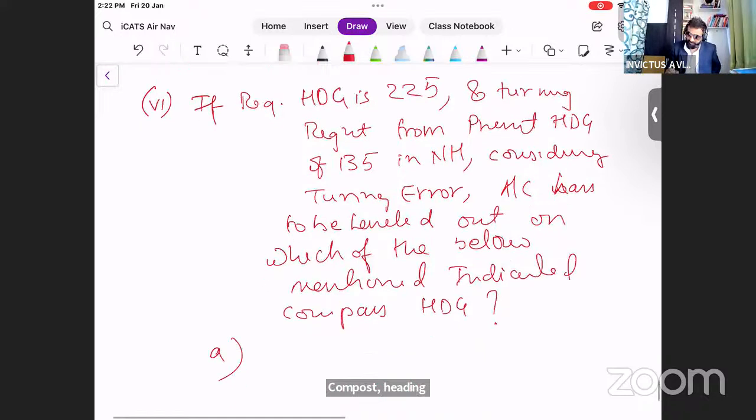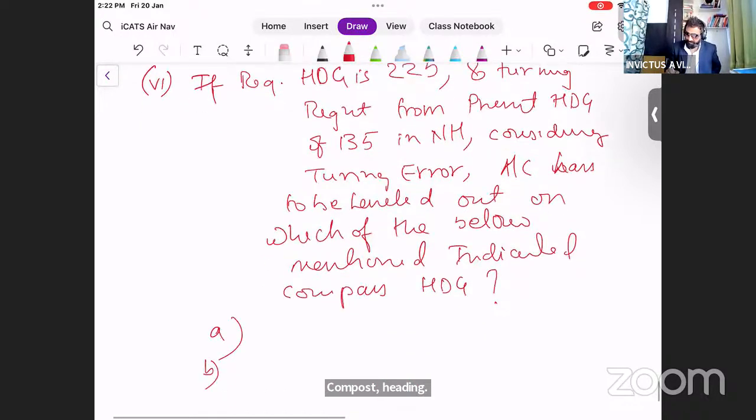Option A, option B, and option C, you will write 205, 215, 235.